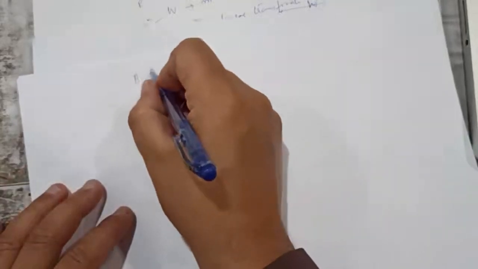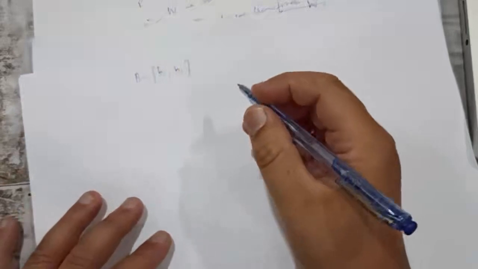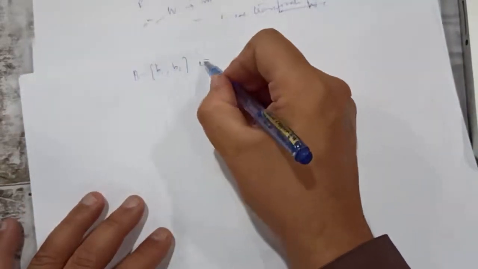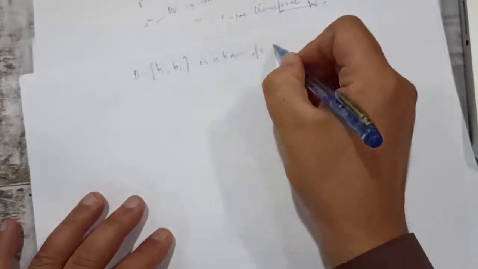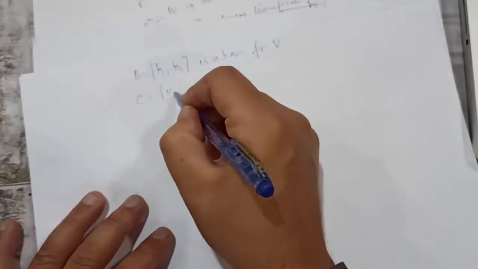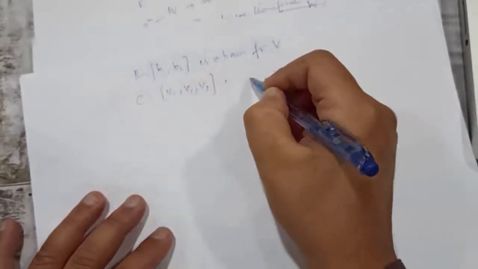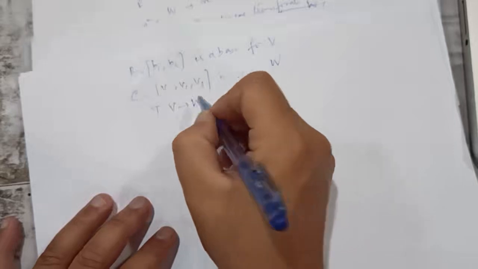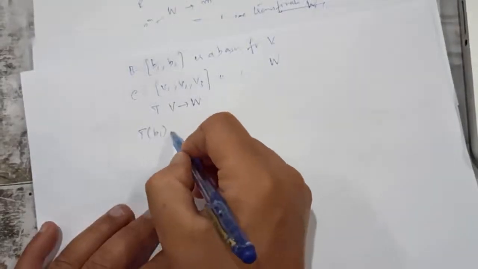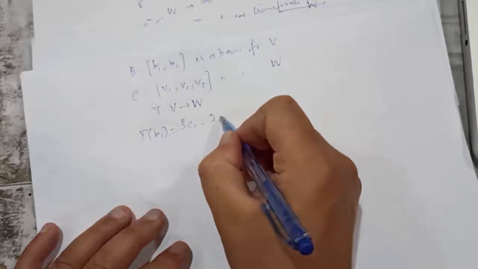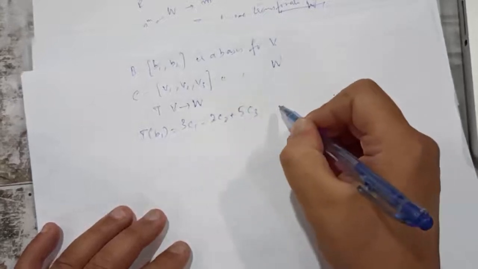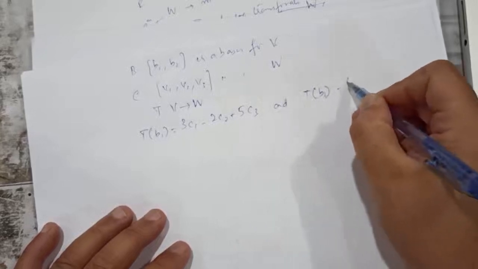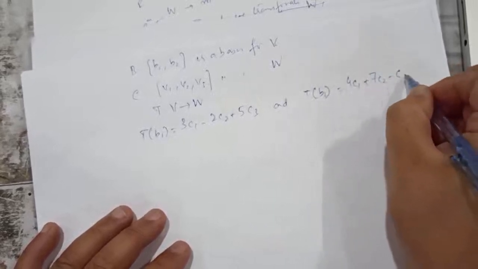Now let's say that B has two basis vectors, b1 and b2, which is a basis for V, and there are three vectors, c1, c2 and c3, which is a basis for W, and we have a transformation T which converts V to W. The property then is that T of b1 is, let's say, 3c1 minus 2c2 plus 5c3, and T of b2 equals 4c1 plus 7c2 minus c3, right?